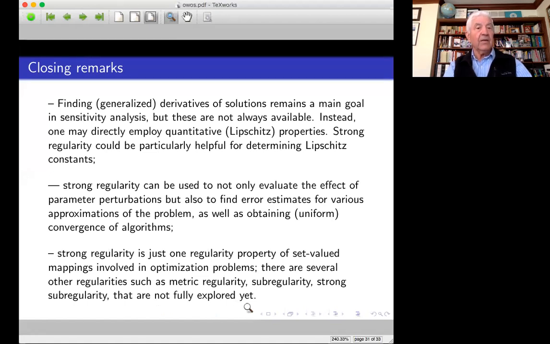And there is a lot of things to do here, in particular in applications to optimal control, and in particular to model predictive control, which turns out to be a very important approach to controlling in practice.